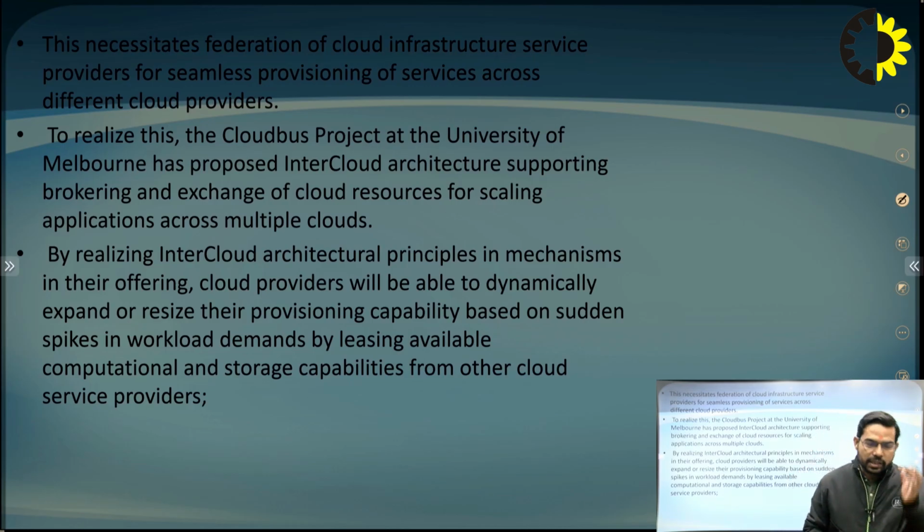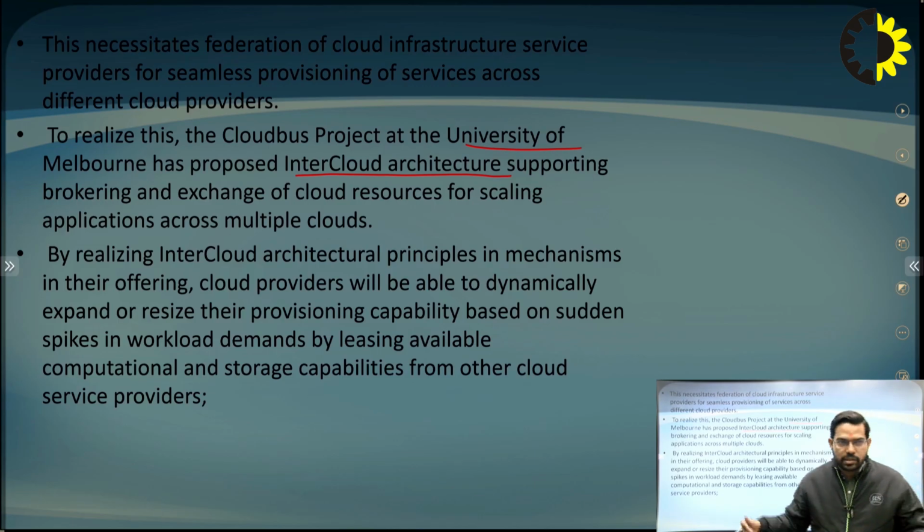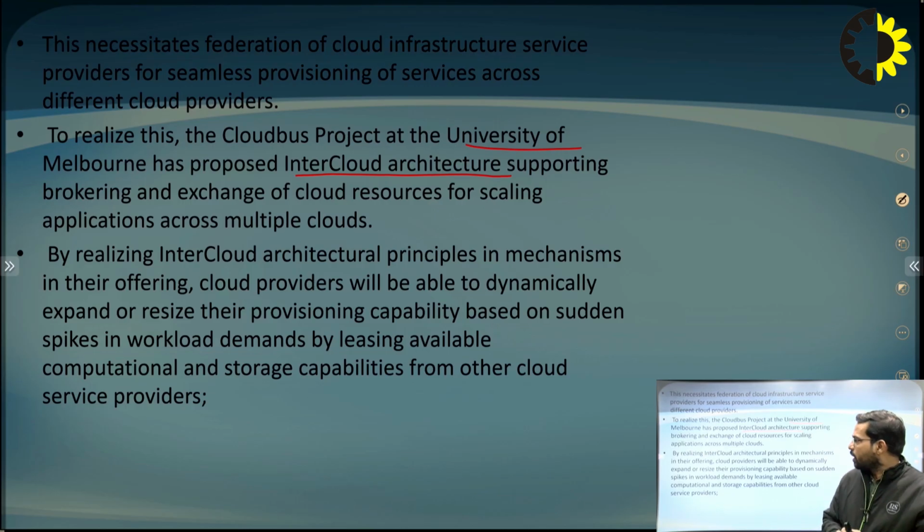To address these shortcomings, the CloudBus project at the University of Melbourne has proposed an inter-cloud architecture. It means we have to exchange cloud data, and support brokering and exchange of cloud resources for scaling purposes across multiple clouds.